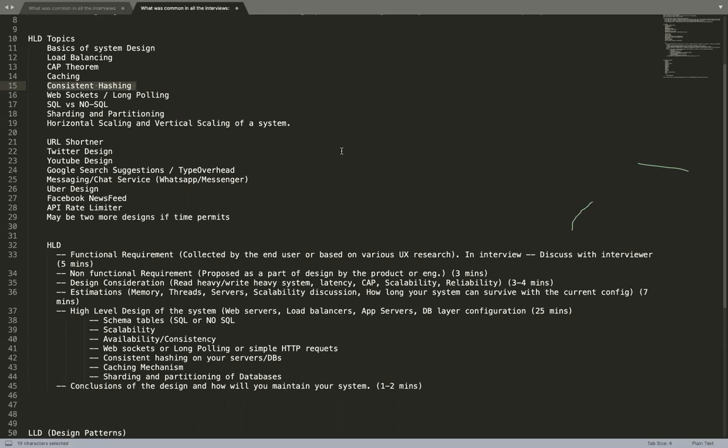Let's say you're creating your page, right? And I haven't worked on Android, so I might not be using the right terminologies, but consider you need to design the home page of the app.